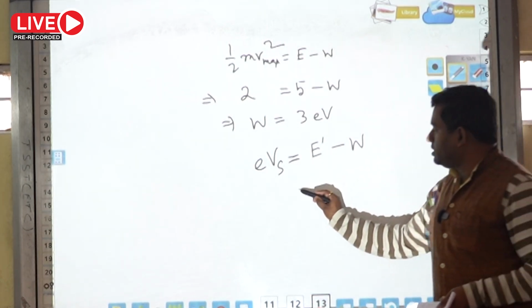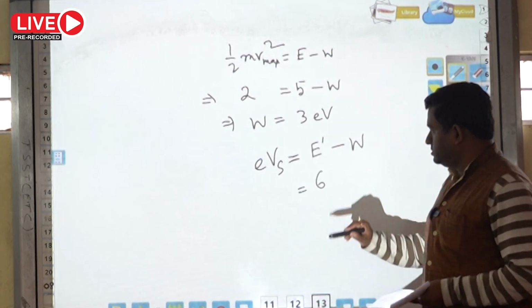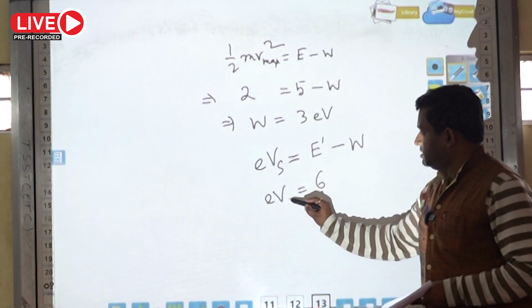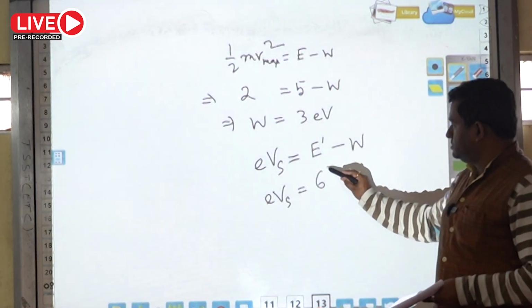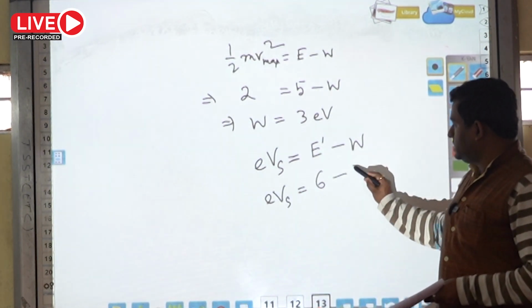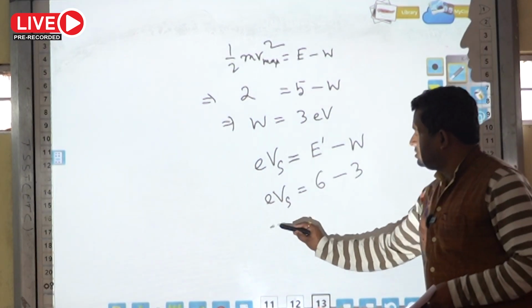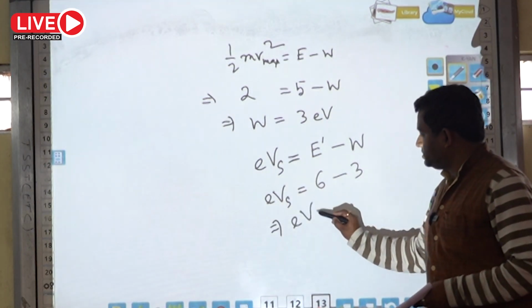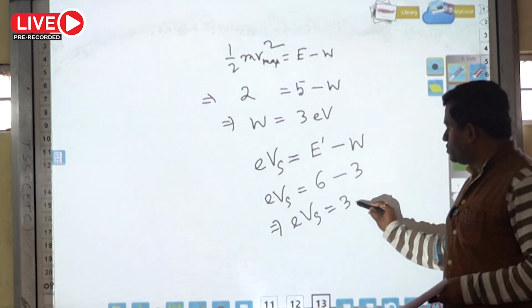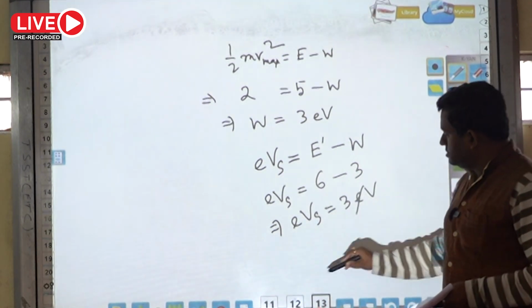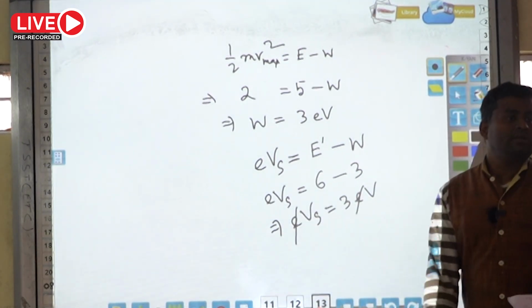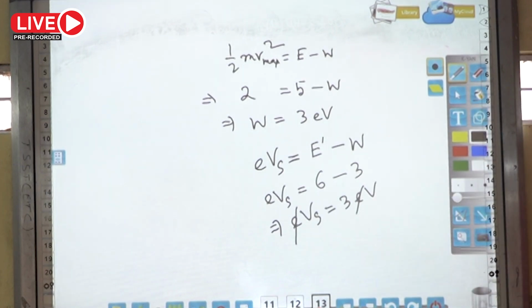So eVs equals 6 minus 3. So eVs will be 3 electron volt, means stopping potential will be 3 volt.